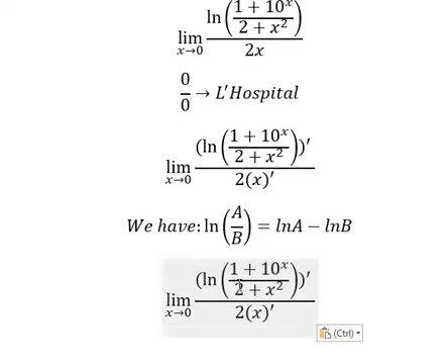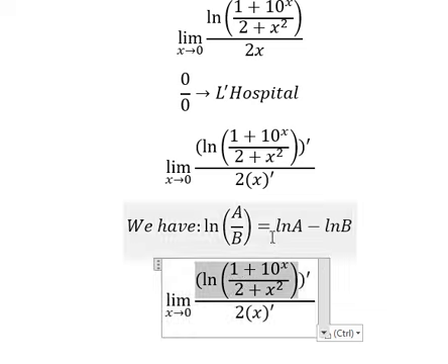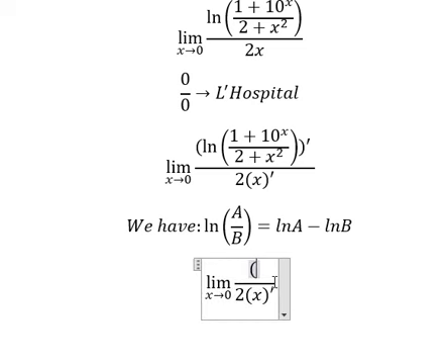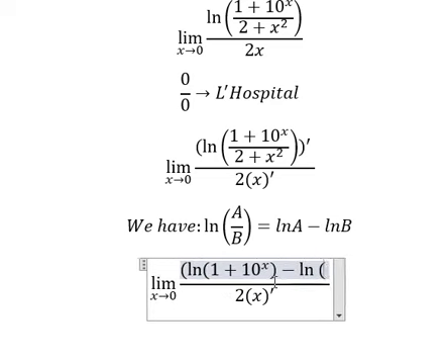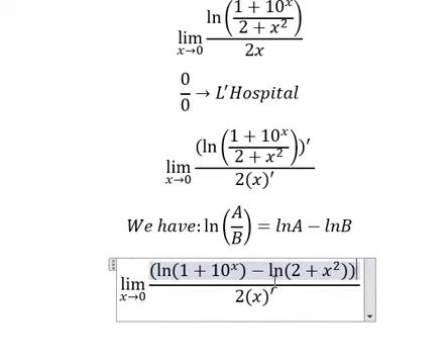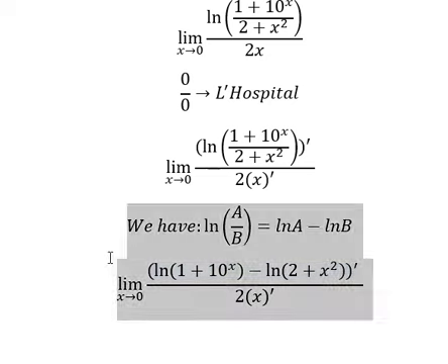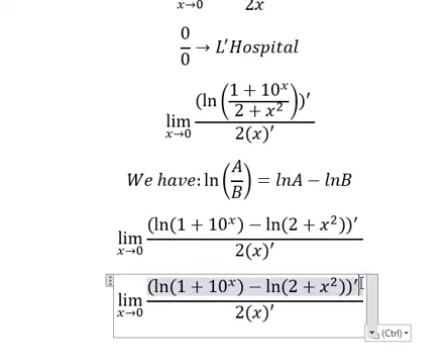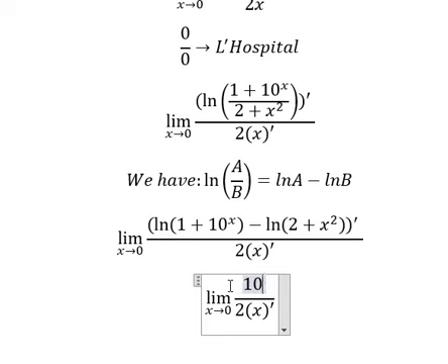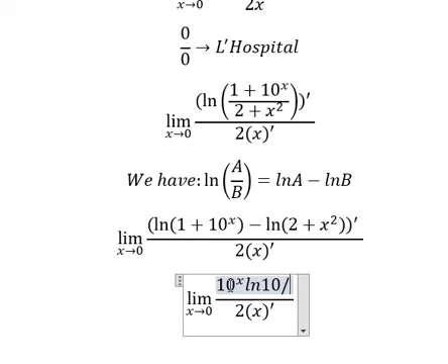We need to transform this one into this one before we do the first derivative. Next, this one in here is 10 to the power of s, ln 10 over 1 plus 10 to the power of s.